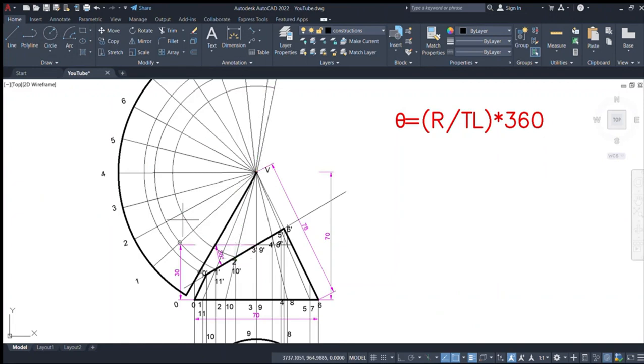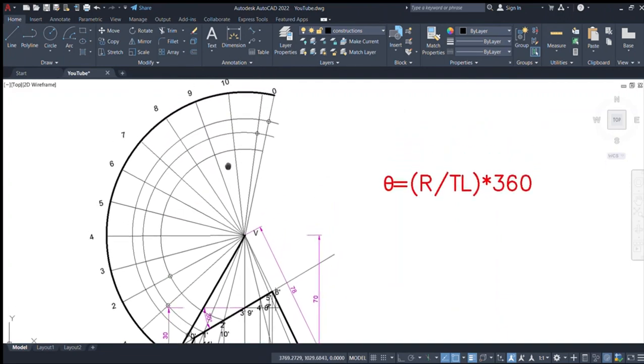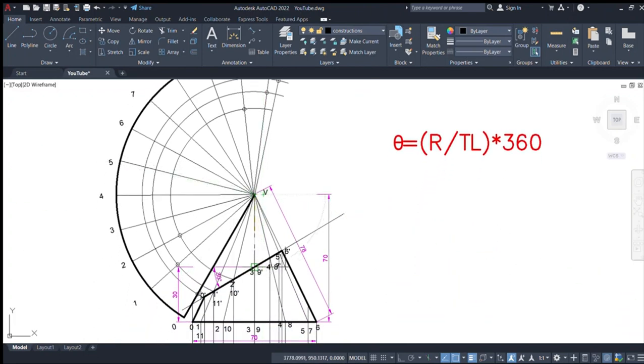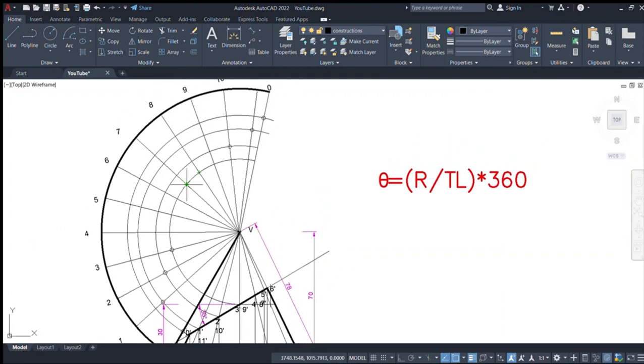So this is 2 and also mark 10. So this 9, so line 3 is here, and line 9 is here.